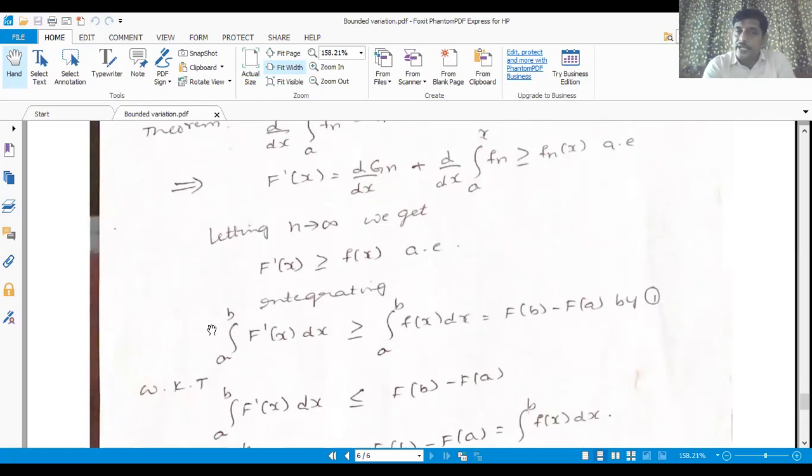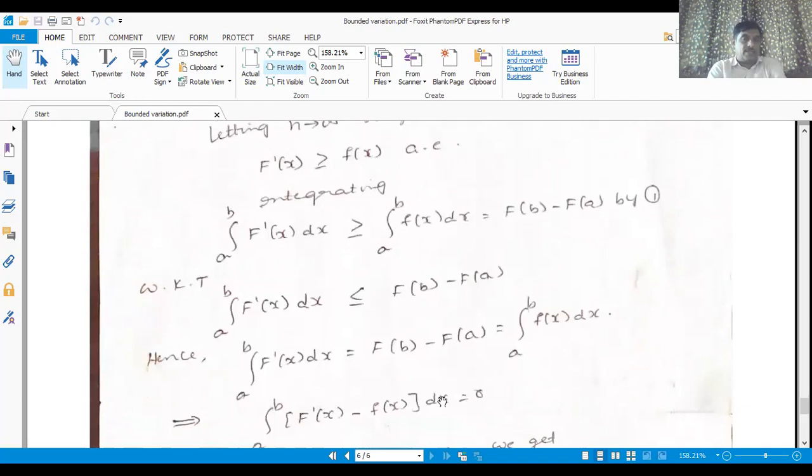Here we arrive at the integral from a to b of F dash x being greater than or equal to this. But in general, you know that the integral from a to b of F dash x dx, by the differentiation theorem we proved in the first class, is less than or equal to F(b) minus F(a). Using these two, this becomes equality. The integral from a to b of capital F dash x dx becomes F(b) minus F(a), which means the integral from a to b of f of x dx.